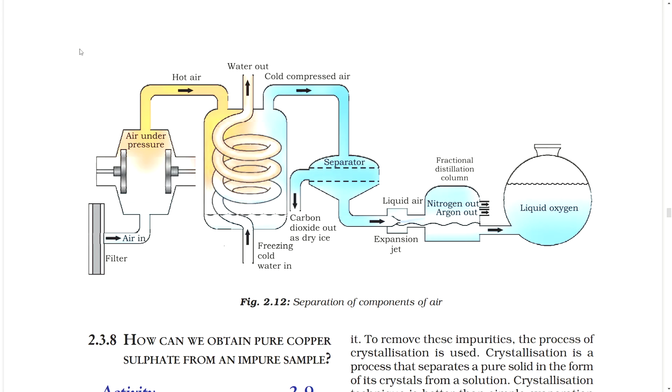Separation of components of air. Filter, air in, air under pressure, hot air, water out, freezing cold water in, cold compressed air, separator, carbon dioxide out as dry ice, liquid air, expansion jet, nitrogen out, argon out, fractional distillation column, liquid oxygen.